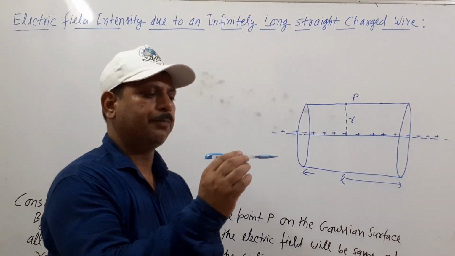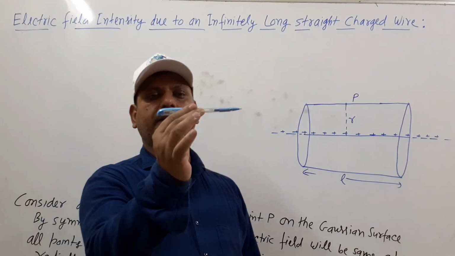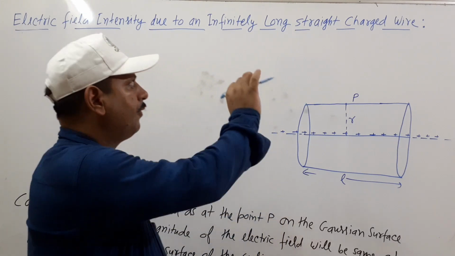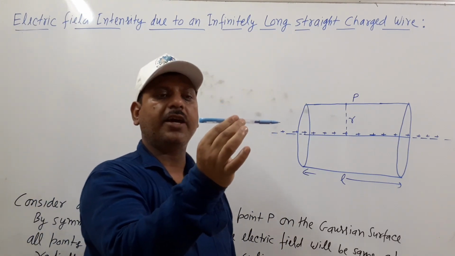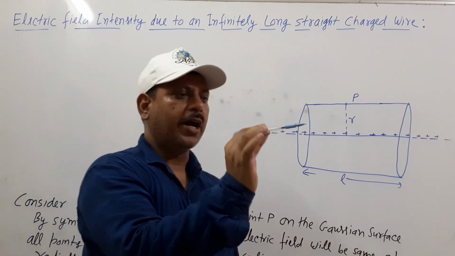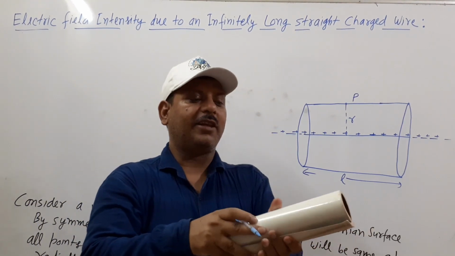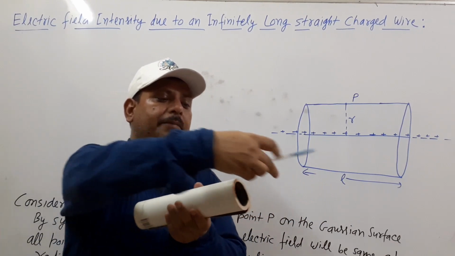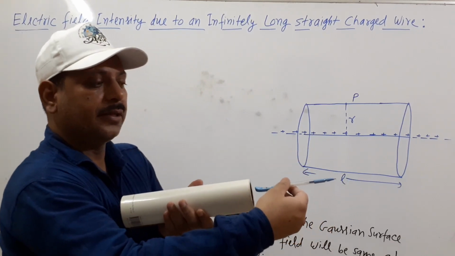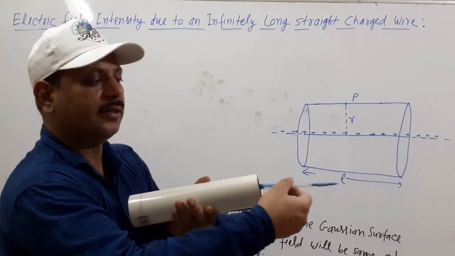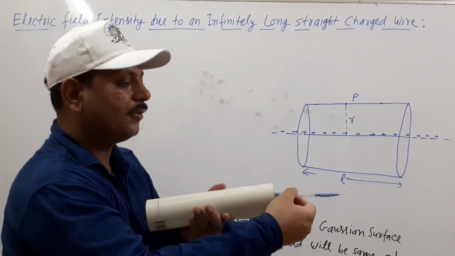So see here, suppose this is the linear charge wire, a long straight wire, this is charge. So I have made a Gaussian surface. Suppose this is the cylinder I have made, and the axis of the cylinder is the charged wire.